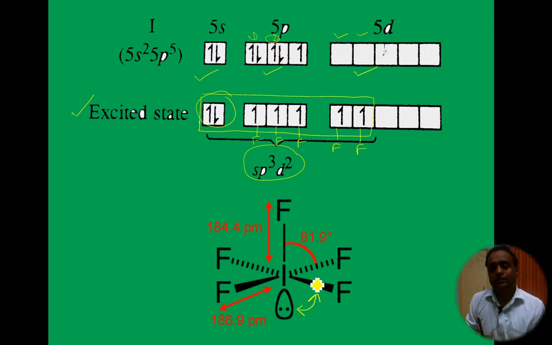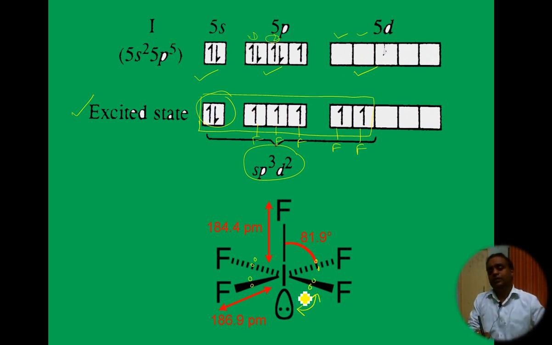Okay. Now because of this lone pair, there will be a repulsion between this lone pair and these bond pairs. Bond pairs are bonding electrons, and the lone pair also has electrons.